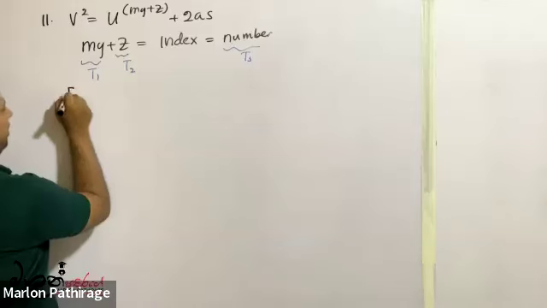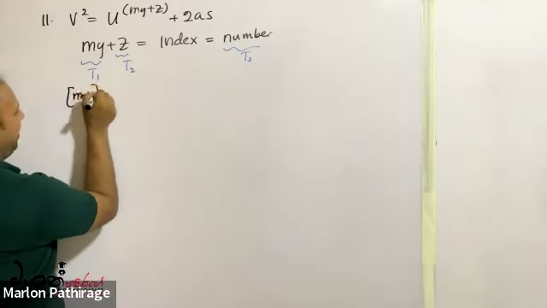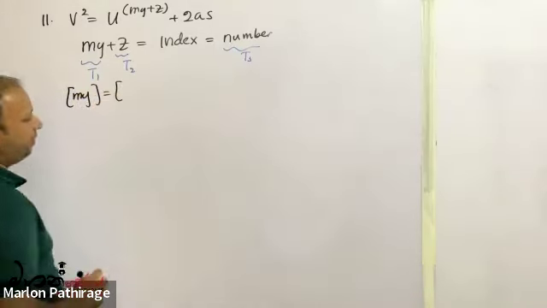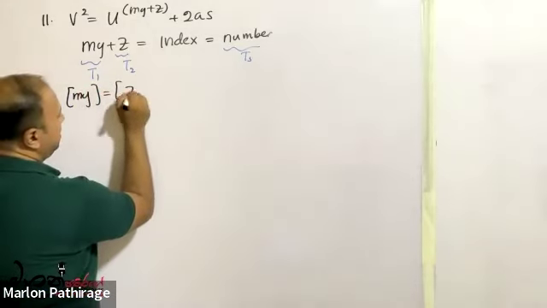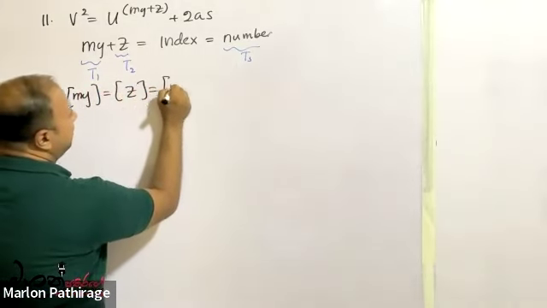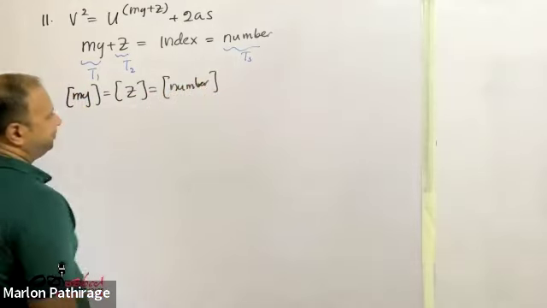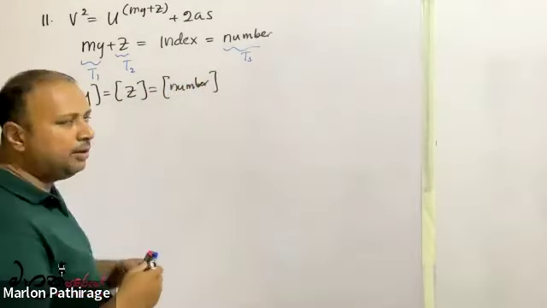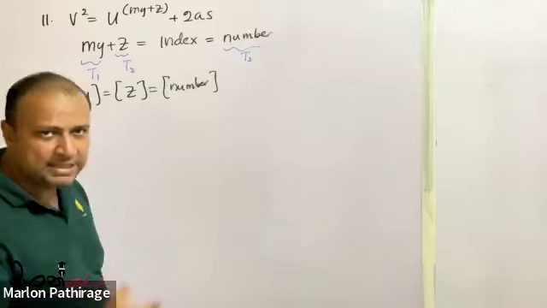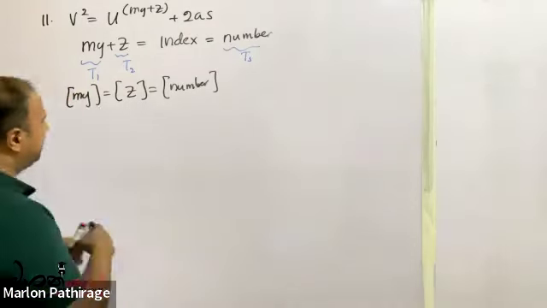Yes, sir. Therefore, it is very clear. Dimension of My is equal to dimension of Z, and that is equal to dimension of number. The reason is all the terms in an equation should have same dimension. That is the argument.